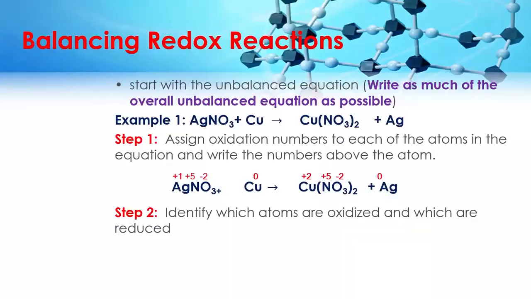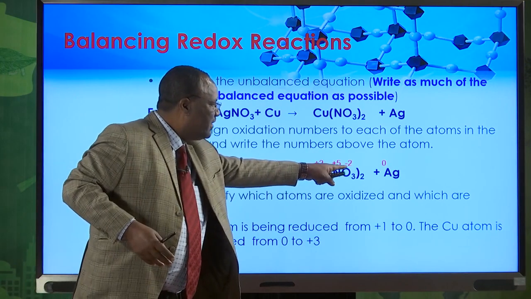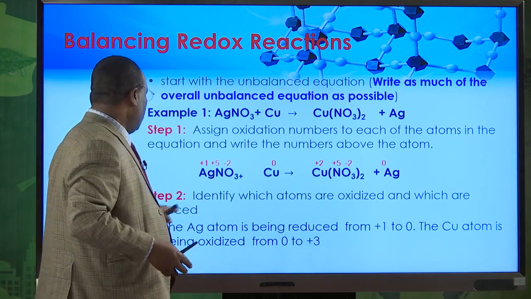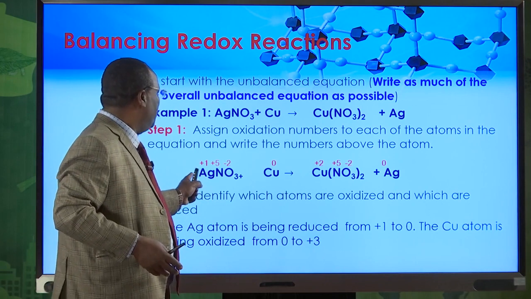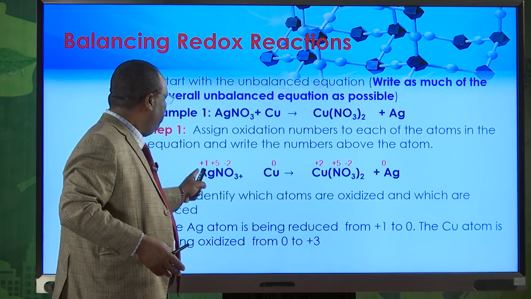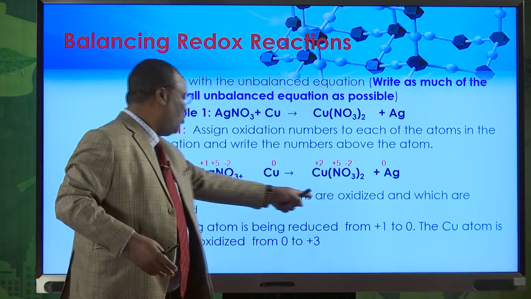The second step: we are going to identify the atoms that are oxidized and reduced. Which of these are oxidized and which of them are reduced? Let us identify. As you can see here, the silver atom is being reduced because the oxidation number of silver decreased from +1 to 0.